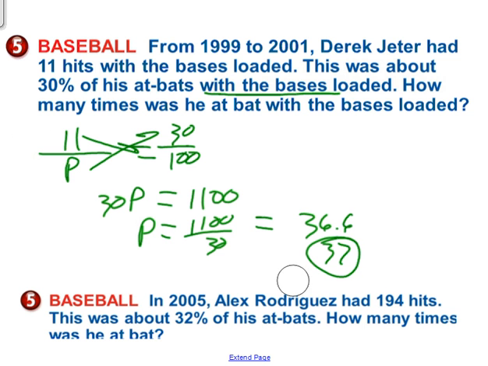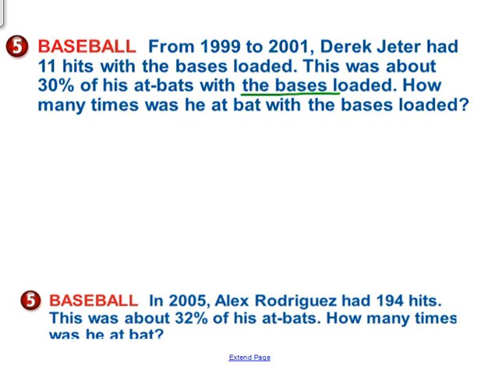Similar problem here. Please pause the video, complete this problem, and then come back and turn the video on and compare. In 2005, Alex Rodriguez had 194 hits. This was about 32% of his at-bats. How many times was he at bat? So we had 194 hits out of some whole number, all the times that he was at bat, equal to 32%, or 32 over 100.